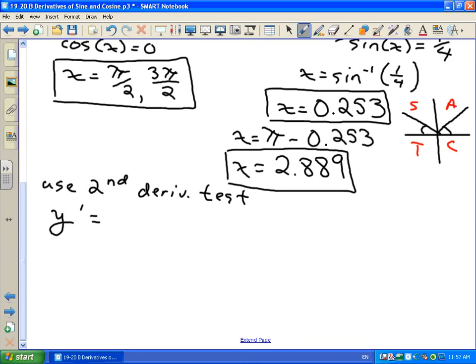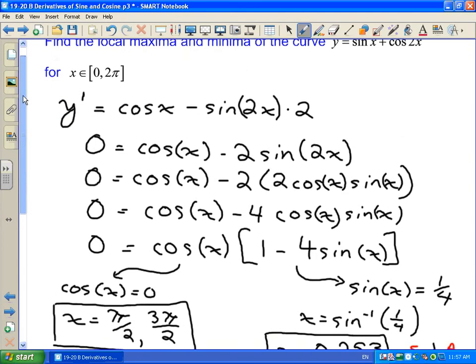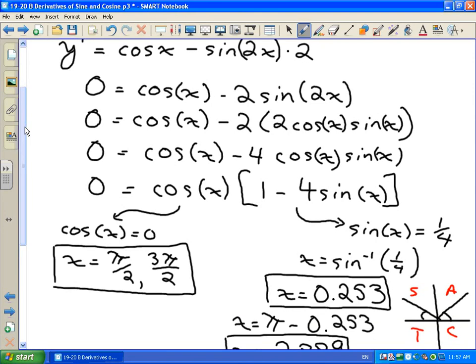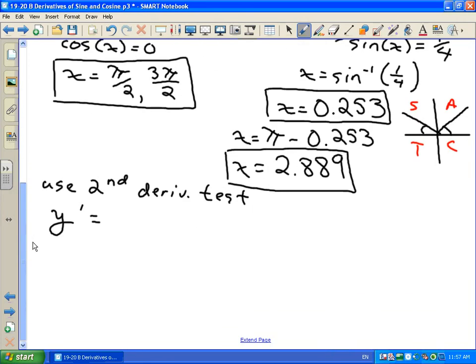I'm going to go back to our first derivative here, and if I scroll up, I think where we want to take the second derivative is after we've applied our identity, but before we've started factoring. So I'm going to start at this point right here where we have cos x minus 4 sin x cos x.